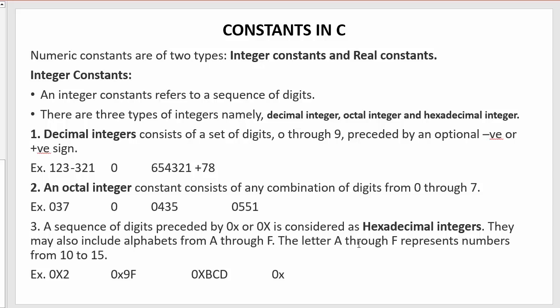Next we will see what hexadecimal integers are. A sequence of digits preceded by 0 small x or 0 capital X is considered a hexadecimal integer.